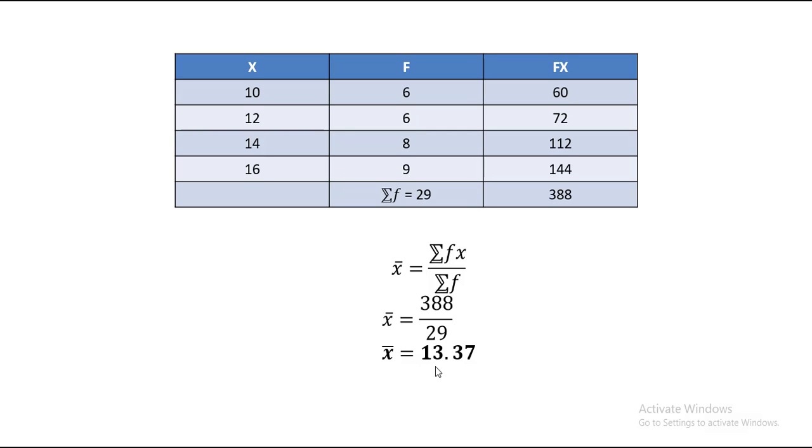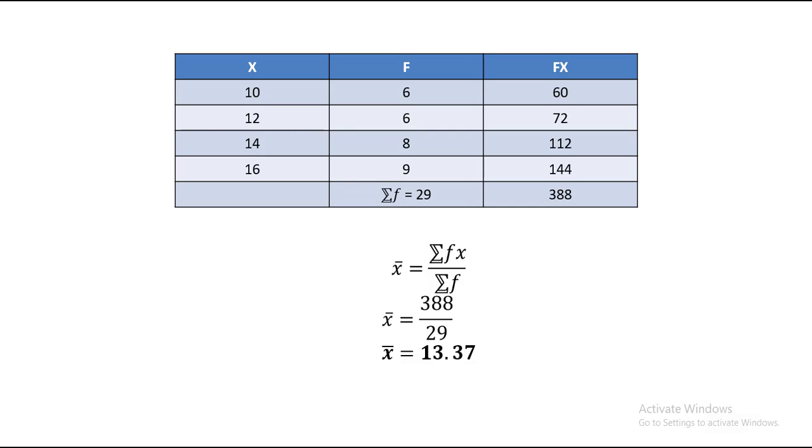So for these types of scenarios, when a simple frequency table is given to you, we use the same formula that we use for group frequency distribution, that is x bar equals summation fx divided by sum of f, to find the mean.